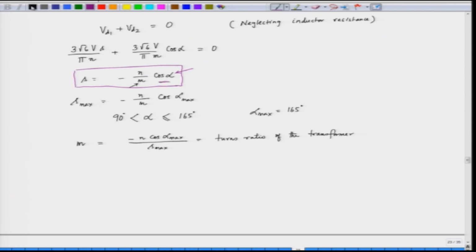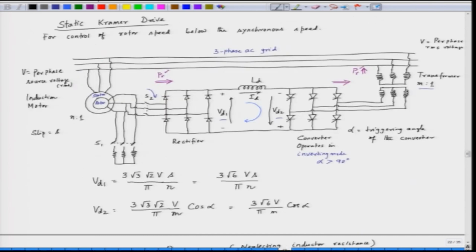So, we will also try to derive some of the relationships. Neglecting losses in the circuit, this resistance, this inductance we have assumed to be an ideal inductor. So, the resistance we can assume to be equal to 0.